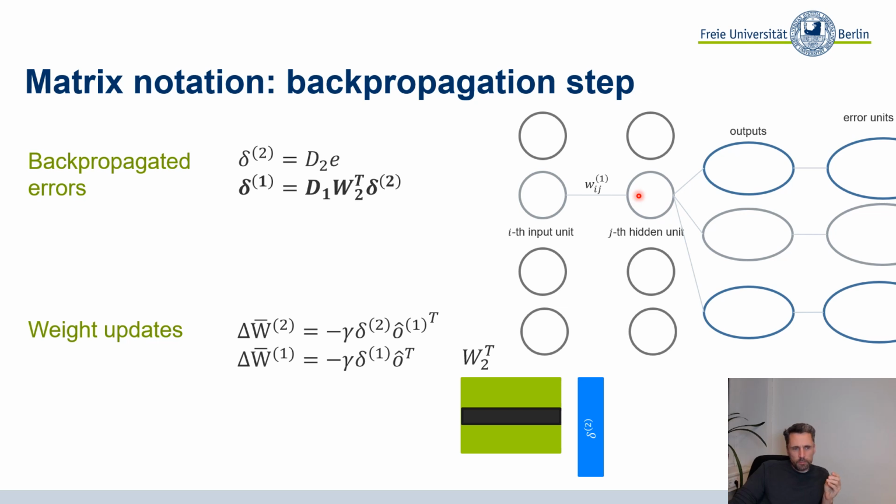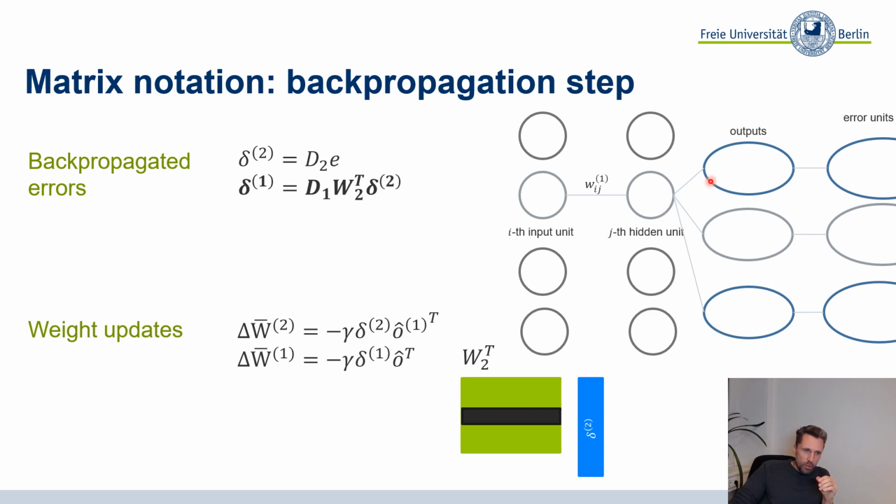And now we see that this error is influenced by many output paths. So we need to collect all these backpropagated errors in delta superscript 2 through their connecting weight matrices.